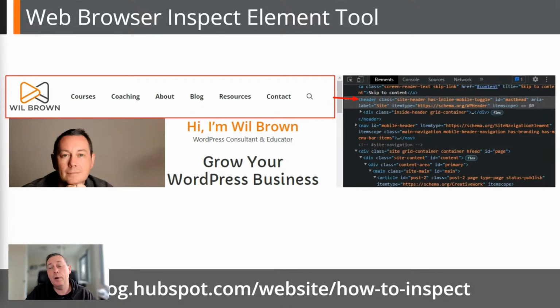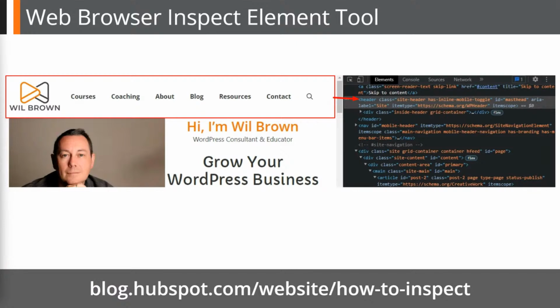It's available in Opera to a certain extent. I haven't checked the other ones, but those are the main browsers that people will use. So you have the inspect element tool on all of the big popular browsers. So you've got access to all that. Now, again, HubSpot have a great article on opening inspect element on each browser. So I'm not going to go through each browser. You can have a look at that URL in your own time.